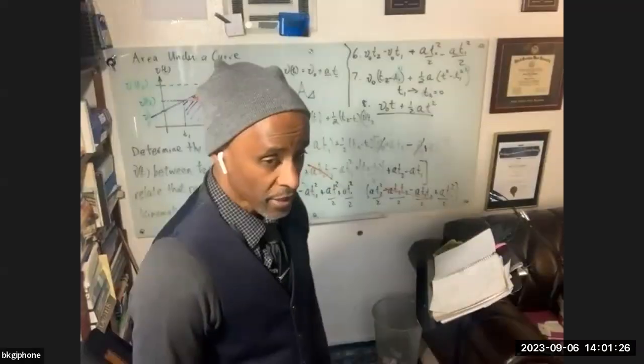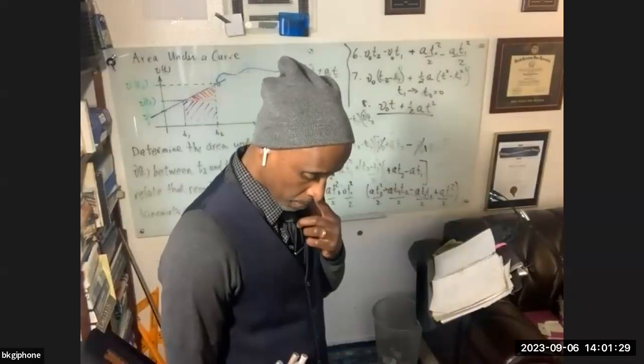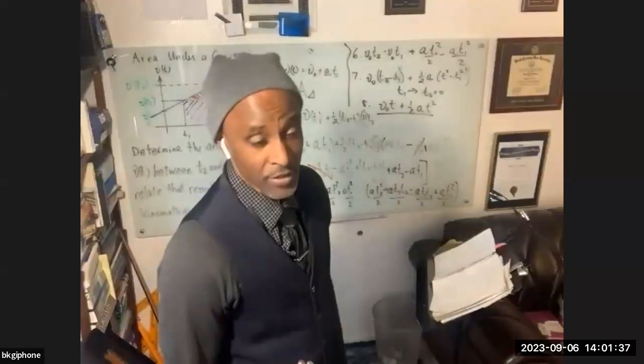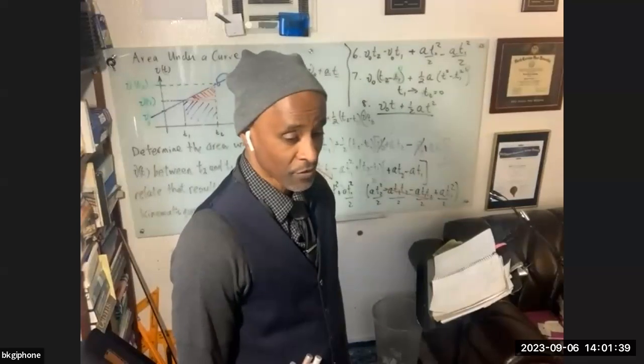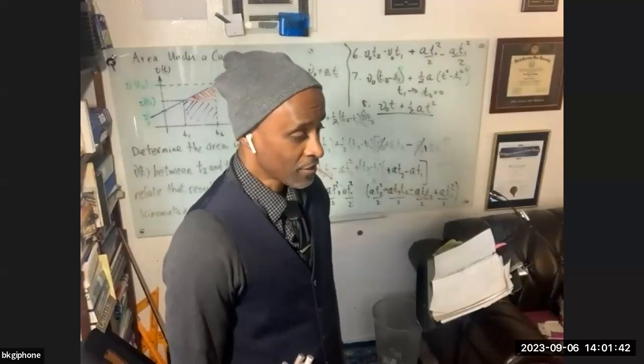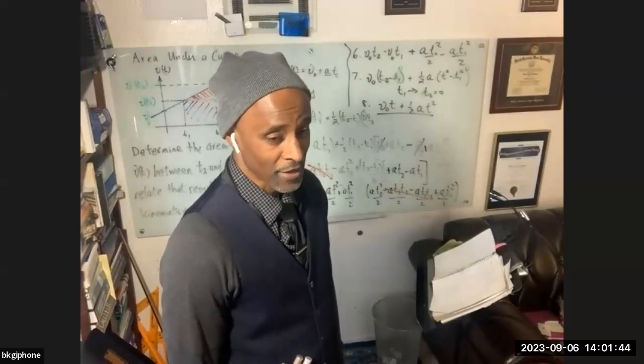Does it represent the change in velocity, so it's like acceleration, or is it something else? No, it doesn't. But you said change in velocity, you said change in acceleration. There's not too many other kinematic quantities that we have, so keep going.